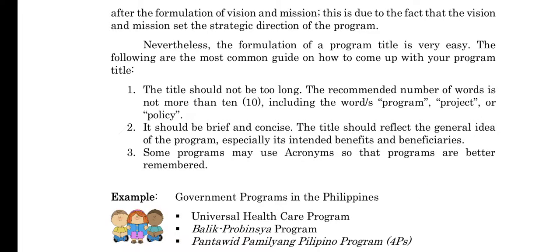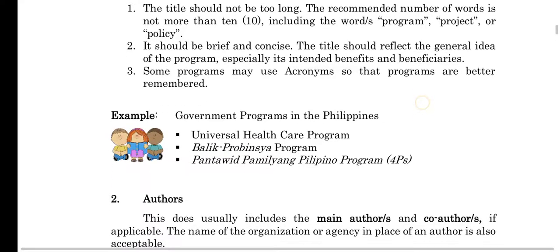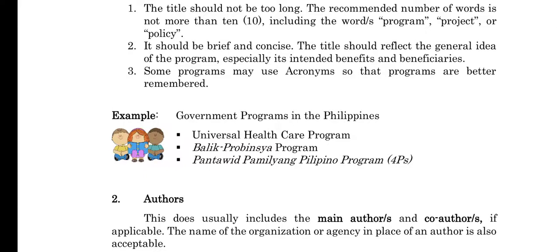Number two, the title should reflect the general idea of the program, especially its intended benefits and beneficiaries. Number three, some programs may use acronyms so that programs are better remembered. Why are acronyms better? Because through acronyms, the title becomes catchy.